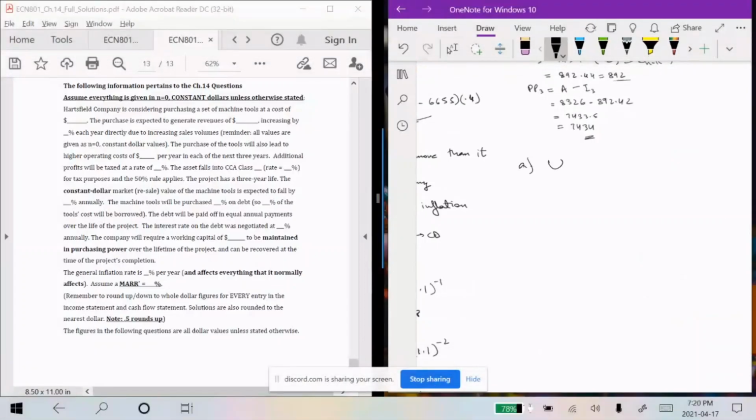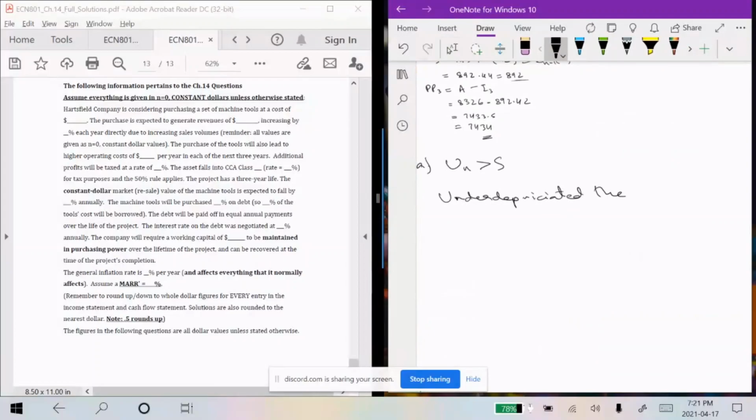Case A, if UN is greater than S, that means that you under depreciated the asset. As a result, that caused you to pay more taxes than you should have.